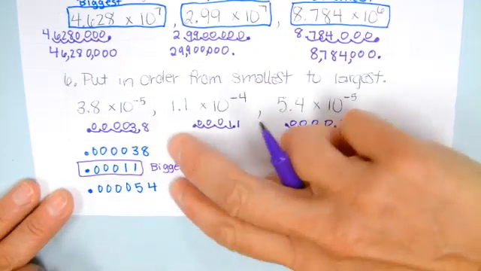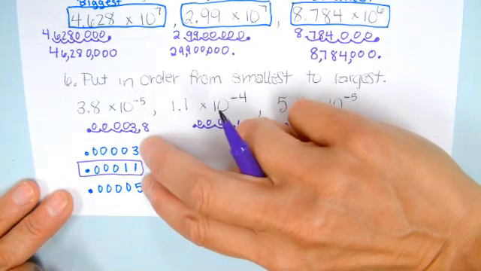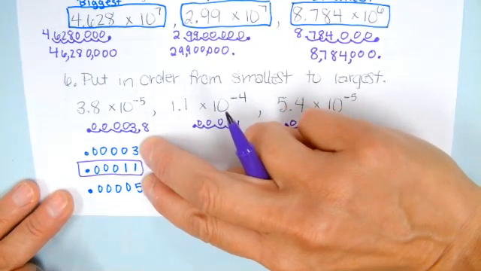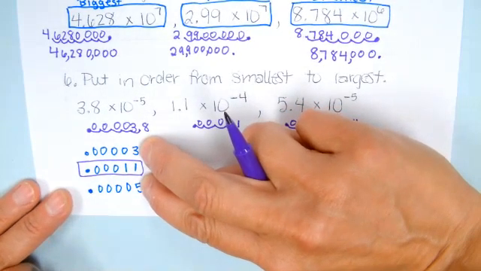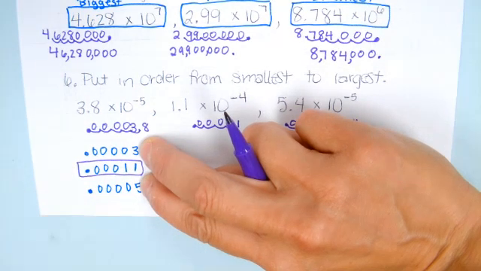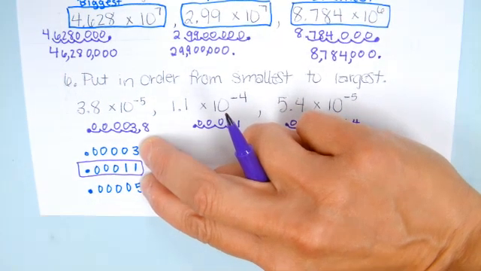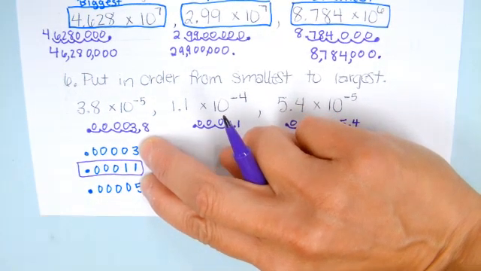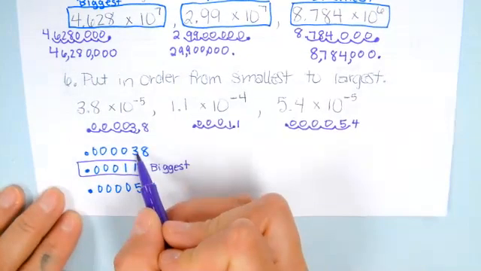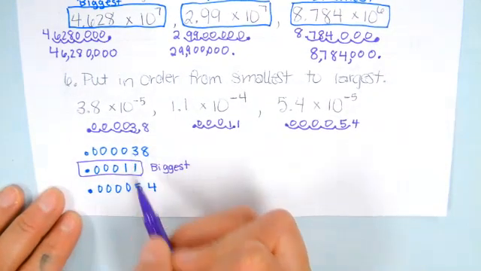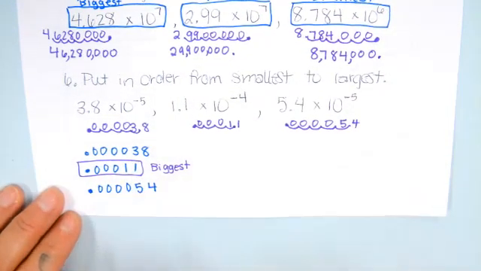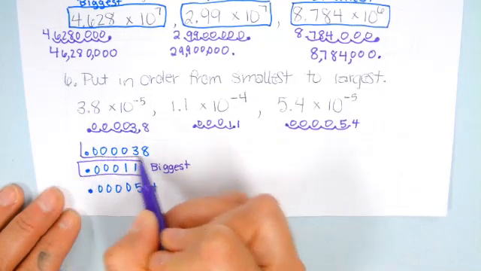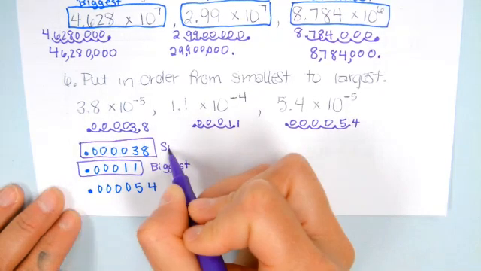So which one's the smallest? So they're tied. Then you have a 3 and a 5. Which is smaller, 3 or 5? No, 3 is smaller. This is not negative numbers. They're just small numbers. So we're not going the opposite direction. So the 3 is the smallest one. 5 is the middle.